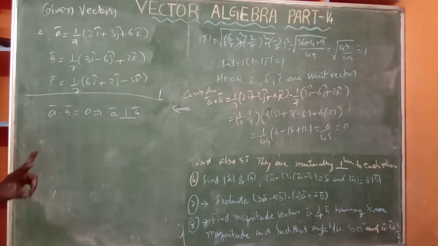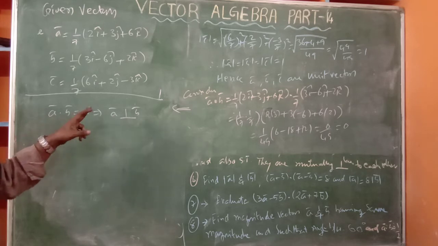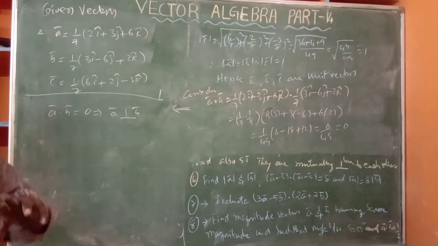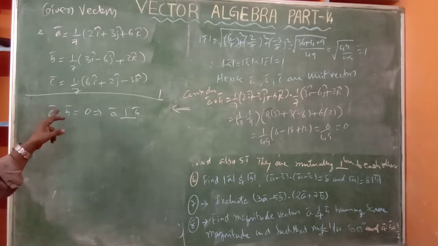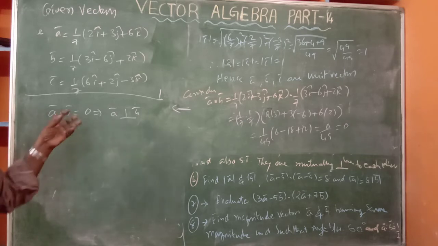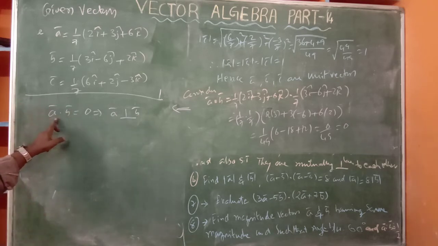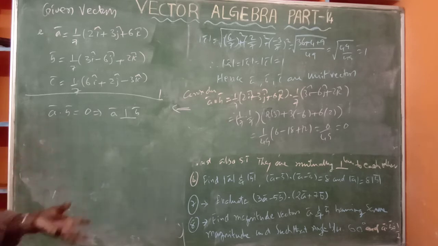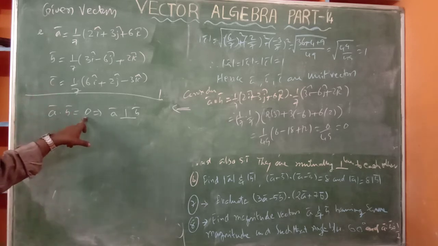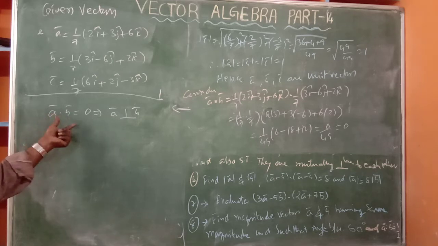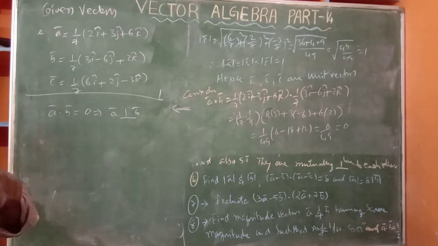If the dot product of two vectors is 0, then those vectors are perpendicular. Otherwise, how can we get 0? Modulus of a bar, modulus of b bar, cos 90 gives 0. So dot product is 0 means they are perpendicular, as I told you.